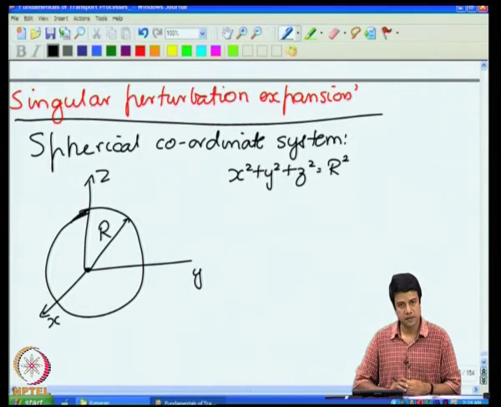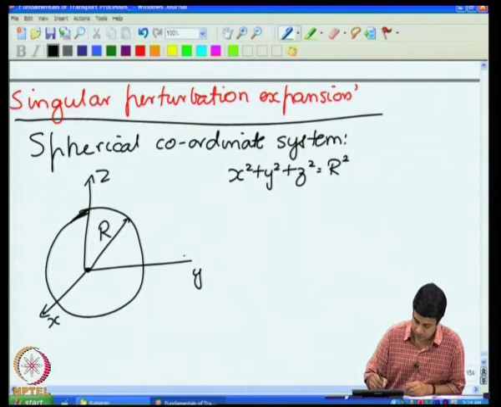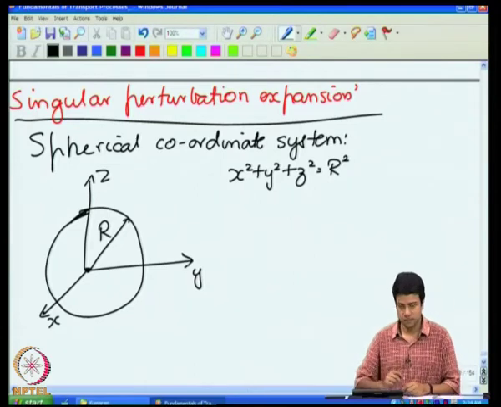Since the spherical surface is a curved surface, I have to have a curved surface on which there is a constant coordinate. The coordinate system used for this is called a spherical coordinate system.